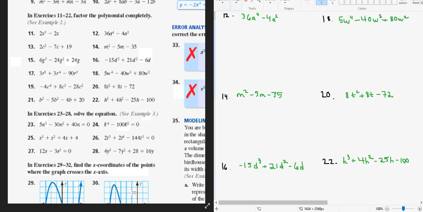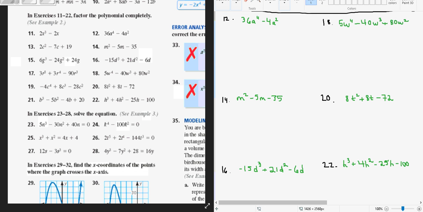All right, so on this first problem in this little section here, number 12, we've got a binomial. So the first thing I'm going to look for, and you should always look for when you factor polynomials, is a greatest common factor. So on this one, both 36 and 4 are divisible by 4. So I'm going to factor out a 4. And then the a to the fourth and a squared are divisible by a squared.